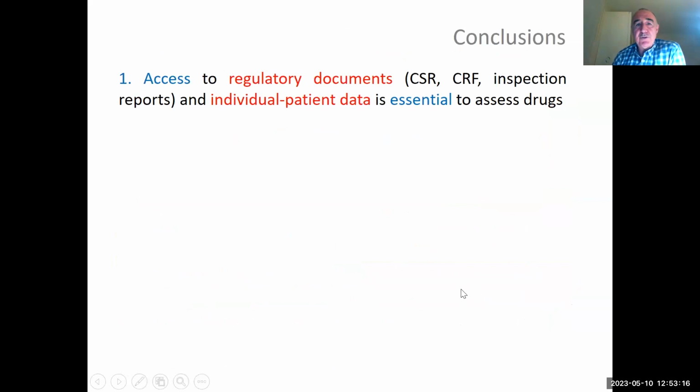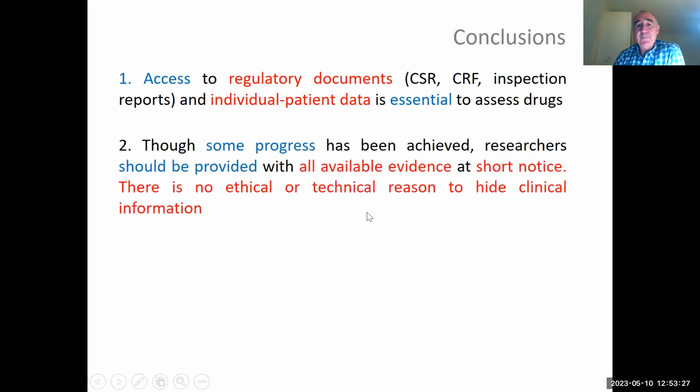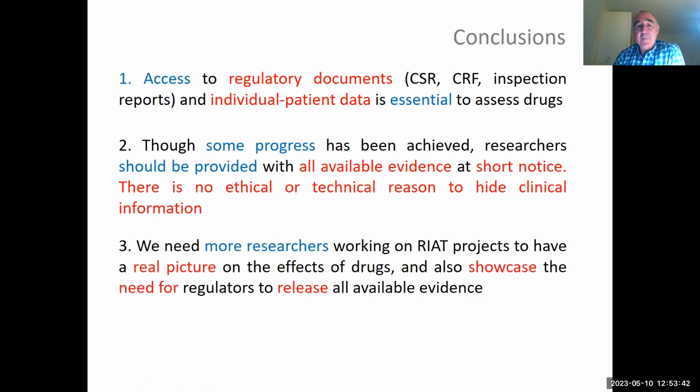So our conclusions are as follows. First, access to regulatory documents and individual patient data is essential to assess drugs. Though some progress has been achieved, researchers should be provided with all available evidence at short notice. There is no ethical or technical reason to hide clinical information.